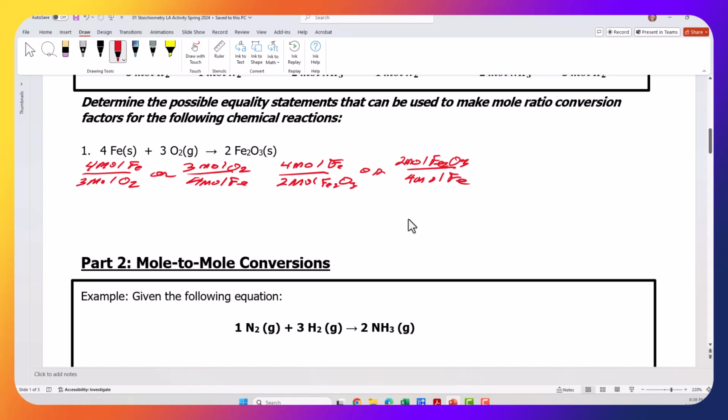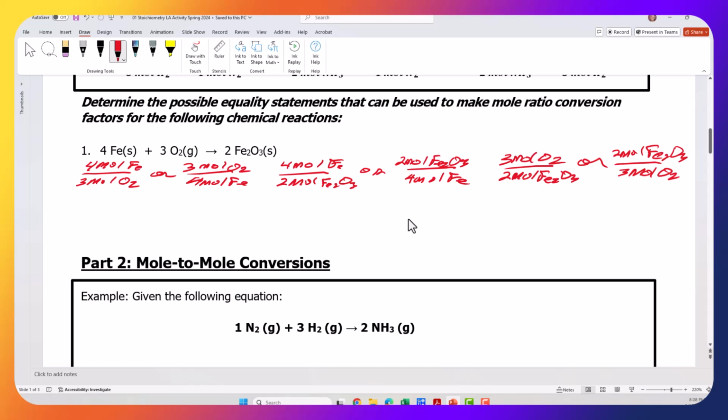And then last but not least, you've got 3 moles of oxygen over 2 moles of Fe2O3, or just reverse it, 2 moles of Fe2O3 over 3 moles of O2. And those are all the possible relationships for mole-to-mole ratio.